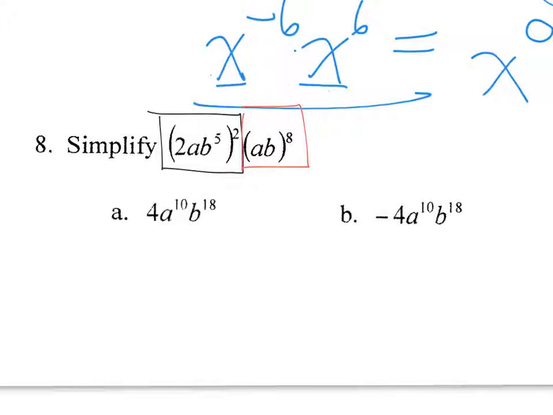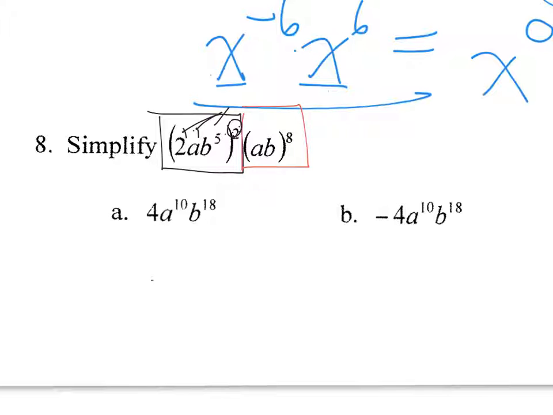When you have an exponent outside of a parenthesis, you got to make sure it hits every exponent. Sometimes I'll say set the table. So give every little guy an exponent. Give everybody a plate before you serve the food. And then you're just multiplying the exponents. So I'm going to multiply 2 times 1. Multiply 2 times 1. Multiply 2 times 5.